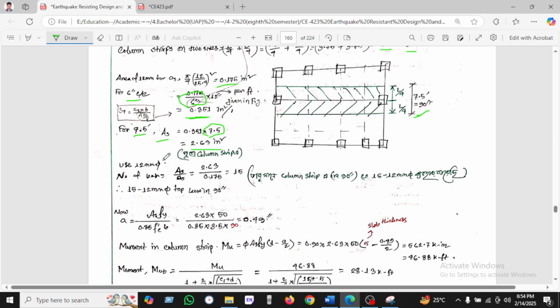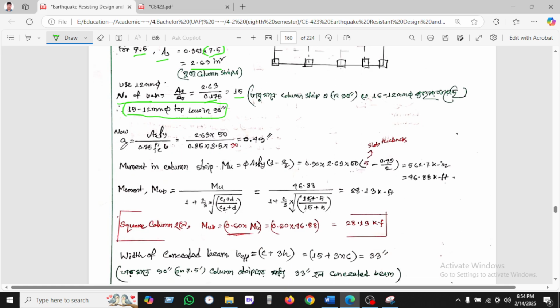Now using 12 mm bar, the number of bars, we have used 2.63 and 0.175, as we have seen for the 12 mm bar, and found 15 bars. So we can see 15 12 mm bars at the top in the 19 inch.